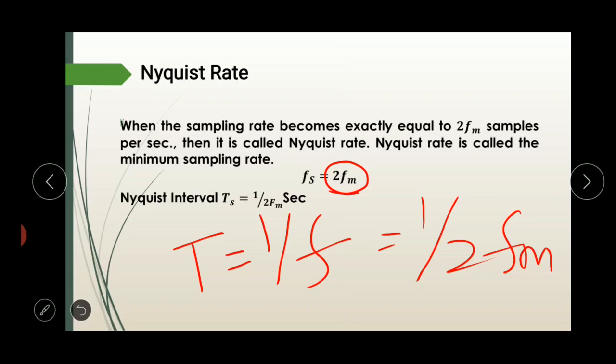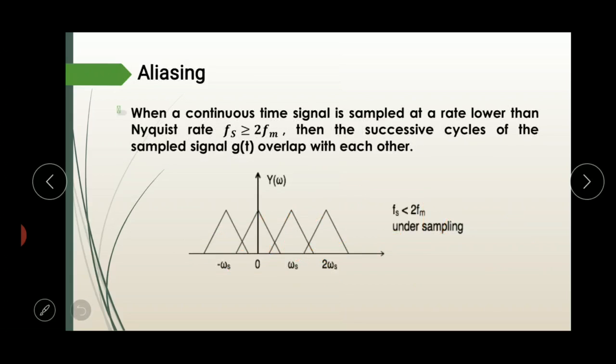Then aliasing. When we violate the condition of fs greater than or equal to 2 fm, so if we violate this condition, then it becomes fs less than 2 fm. At this condition, aliasing occurs.